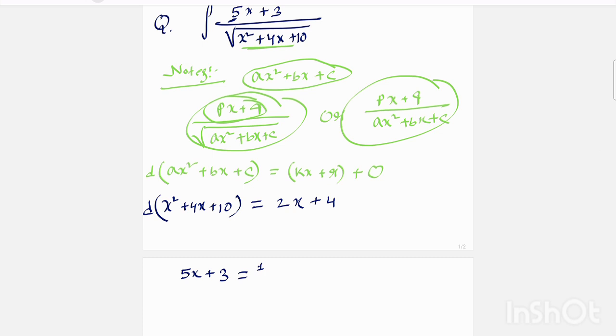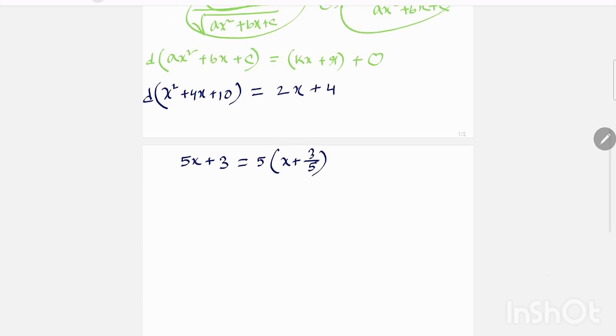So for dividing, I have to divide it by 5, or we can take common. We can take common 5 here. If we take common 5, this will be x plus 3 by 5, right? Now I need 2 here, so I have to multiply by 2.